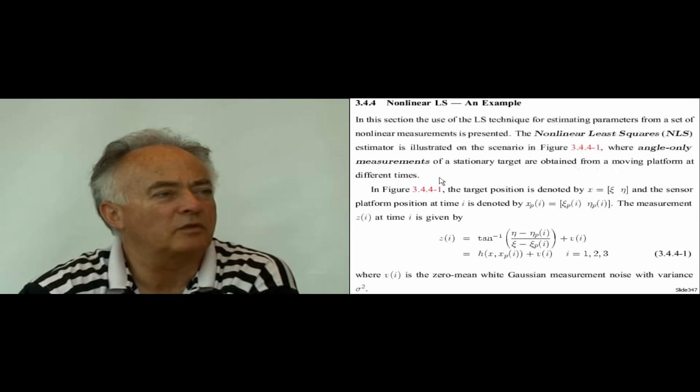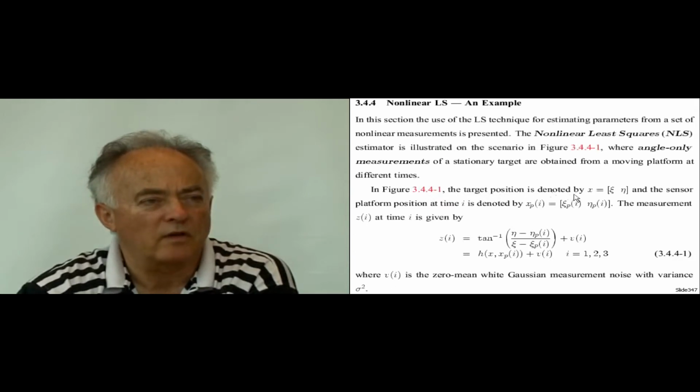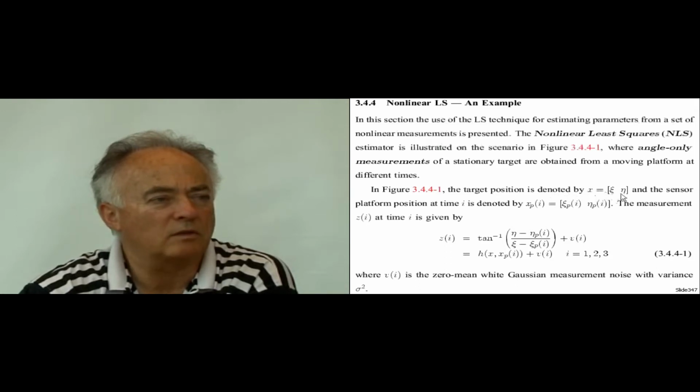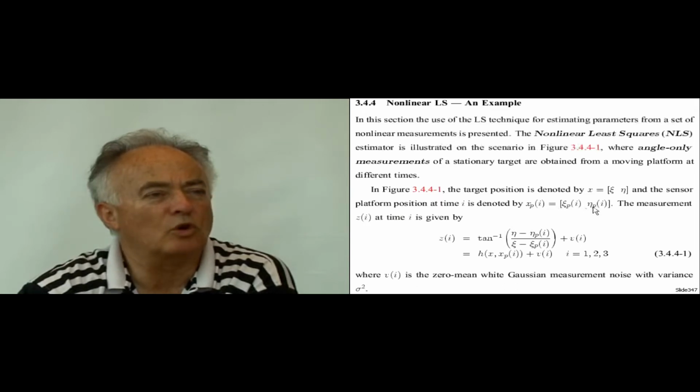platform at different times. So what we have is a target position, x location at psi and eta in the plane. The sensor platform position at time i, it's a moving sensor. Remember, we don't have now full position observation. All we're going to do is angle.